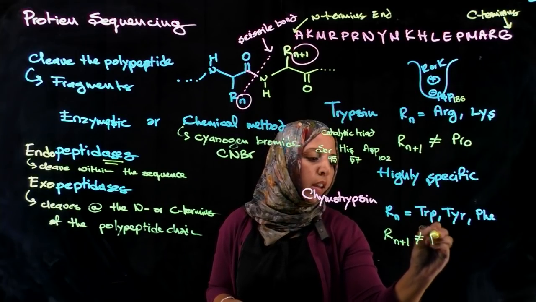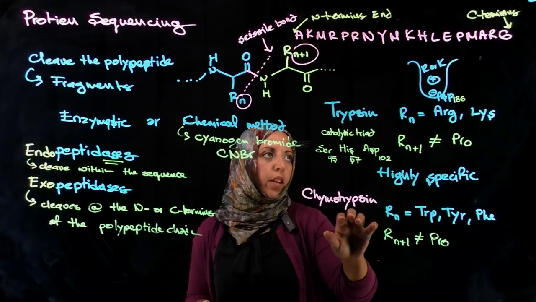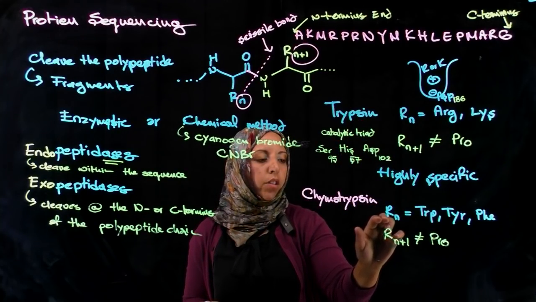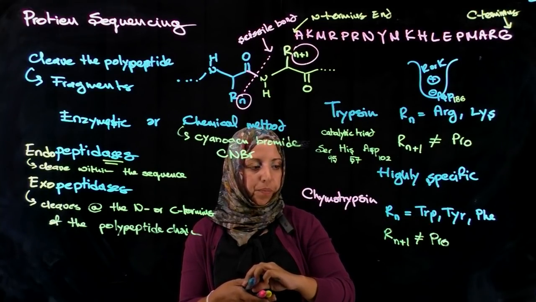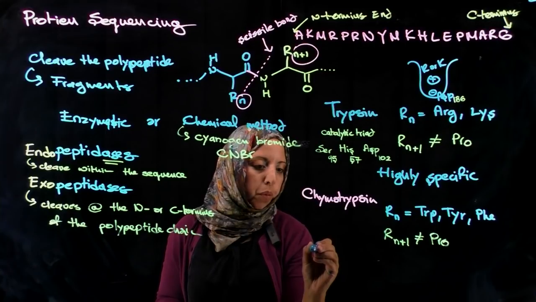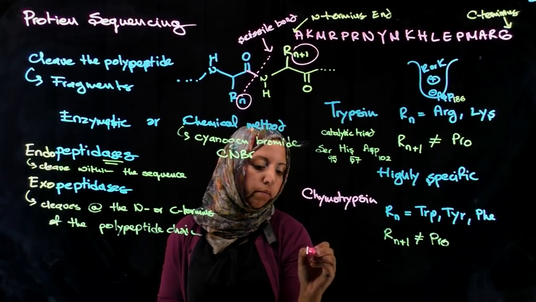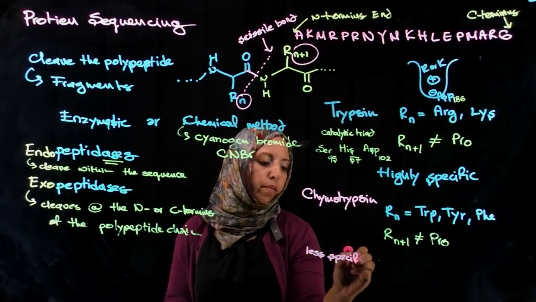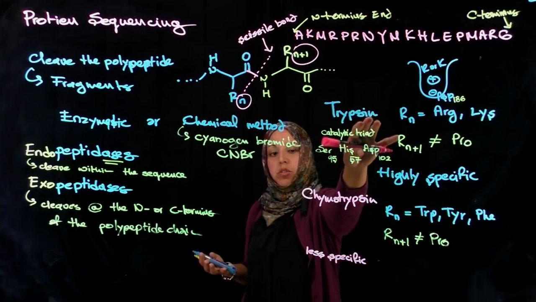again does not equal proline, right? It is a bit less specific than trypsin in that it can also cleave after other amino acids, right? So we'll say that it has a lower specificity compared to trypsin.